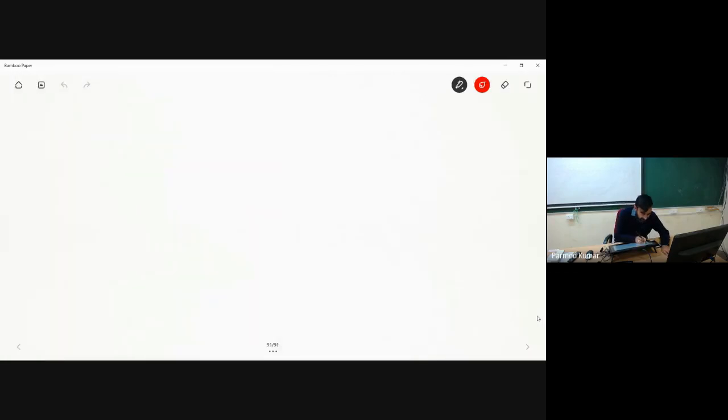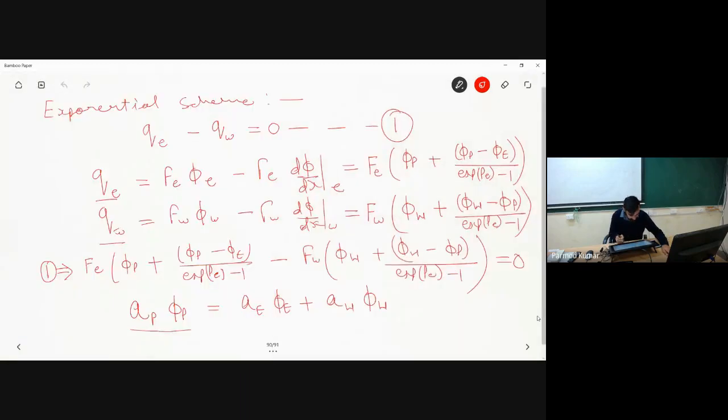Can you tell me the value of AP? AP will be equal to, if you see this expression, FE, and over here it will become minus minus plus.